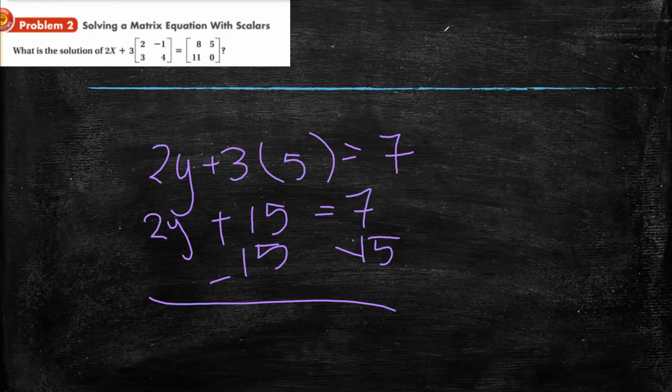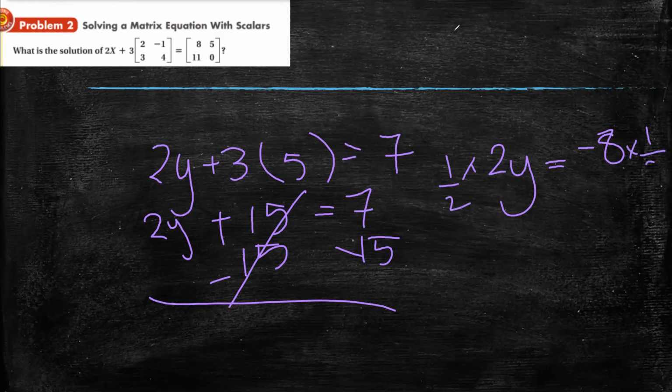Then 2y equals -8. After that, you multiply by half, or divide by 2, and you get the answer, which is -4.